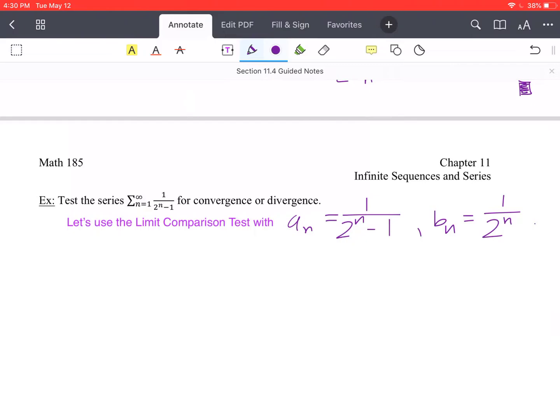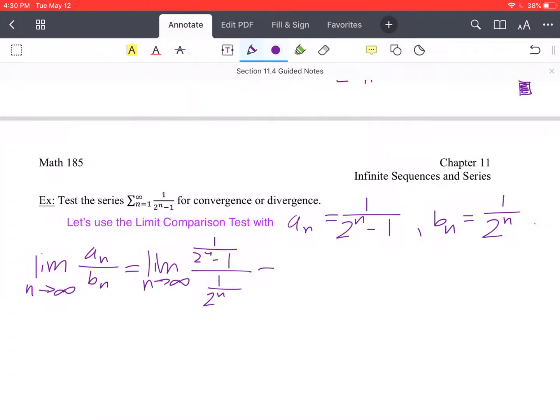Okay, and then let's take the limit. Limit as n approaches infinity of a_n over b_n, that is the limit as n goes to infinity of 1 over 2 to the n minus 1 over 1 over 2 to the n. Do some multiplication by the reciprocal there.